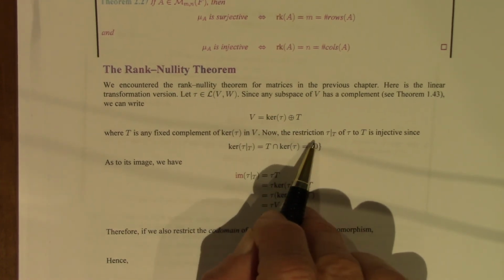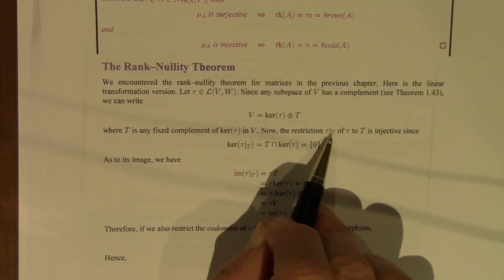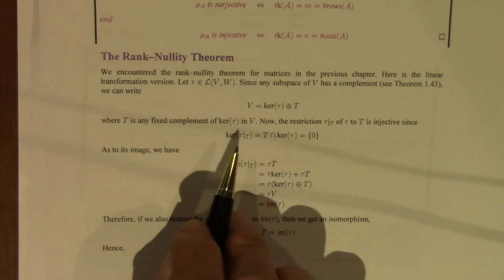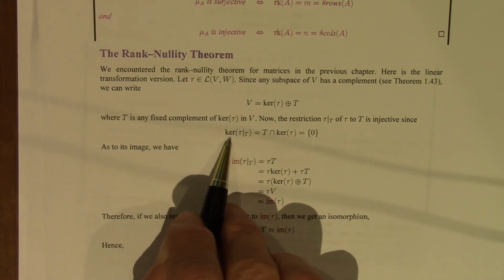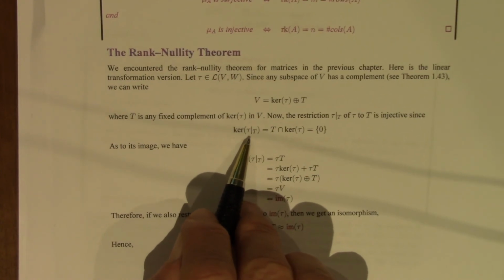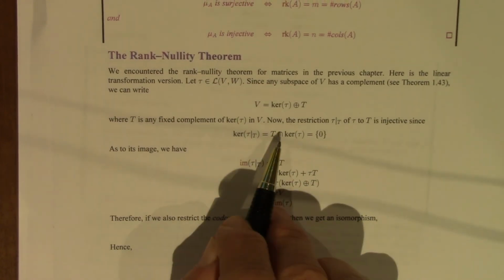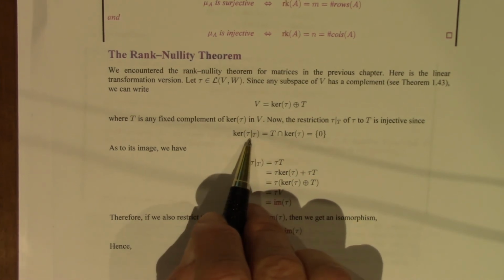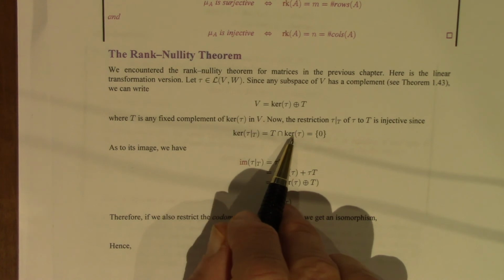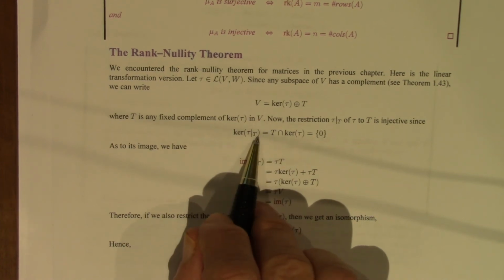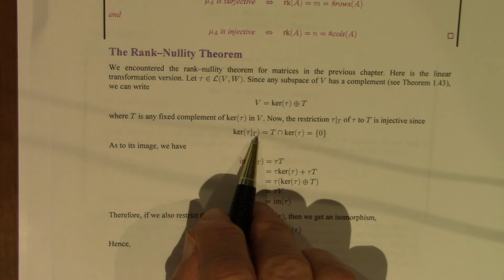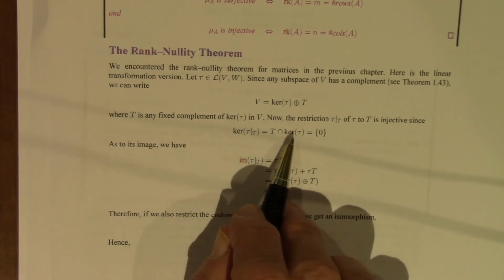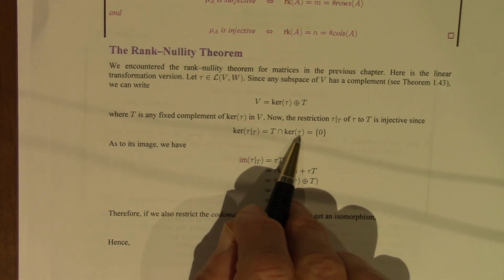Now, if we restrict the map tau to T, it becomes injective, and this is the reason. The kernel of the restricted map consists of the vectors that, first of all, must be in T, because that's the domain of this restricted map, but they also must be sent to 0 by the restricted map, which is the same thing as saying they're sent to 0 by the original map.